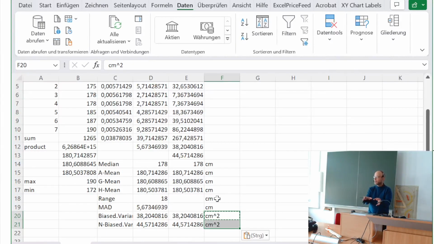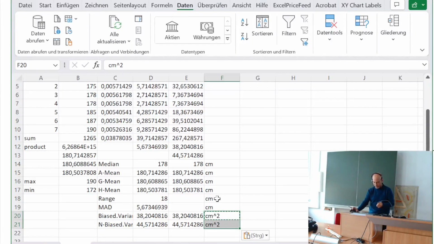Well, and now, again, what is the use of calculating these numbers? I want to describe my distribution. Describing my distribution means I have an average, maybe the arithmetic mean, and then I want to have a number describing the dispersion around it. Well, for practical issues, I just want to say it's 180 centimeters plus minus 5 or so.